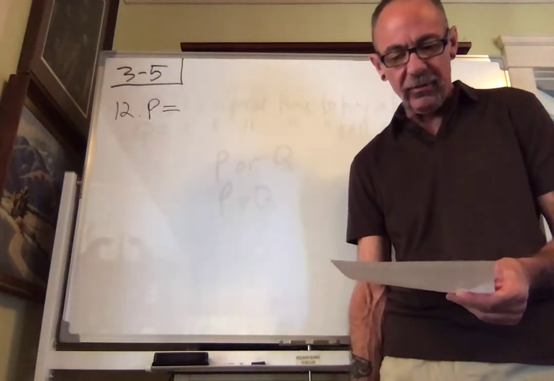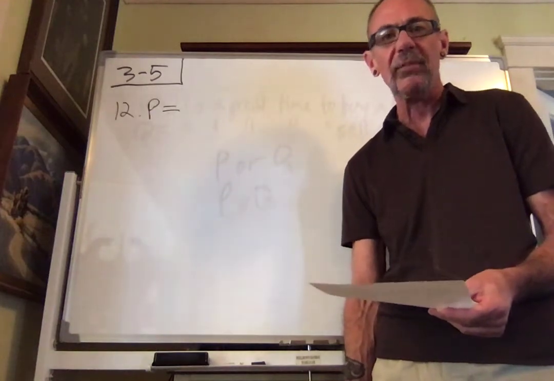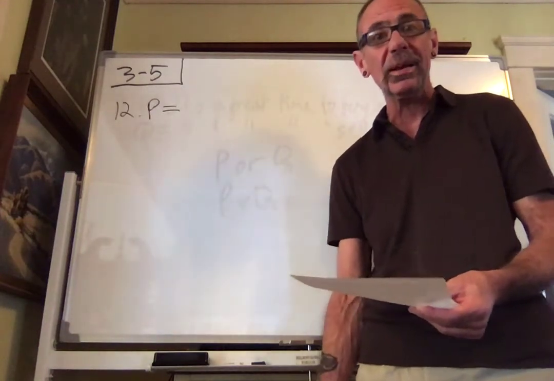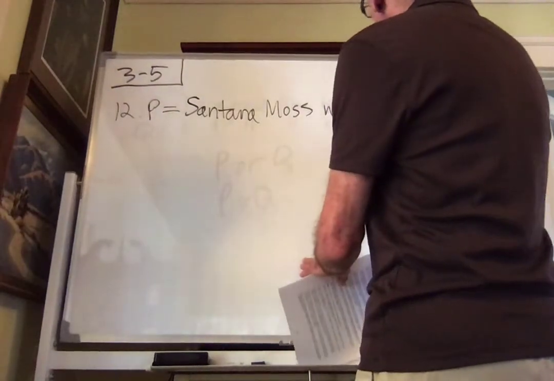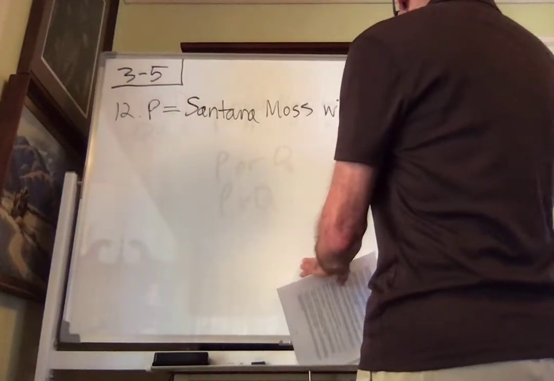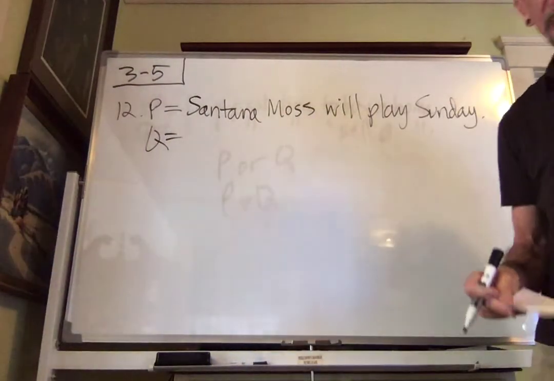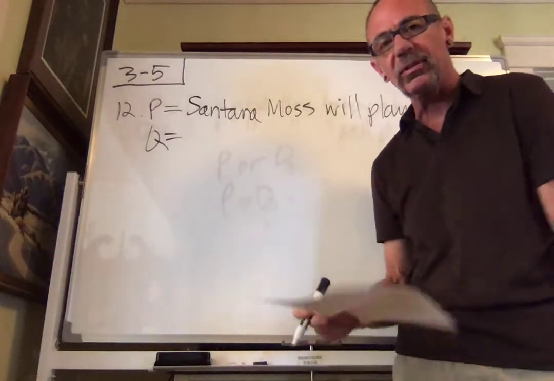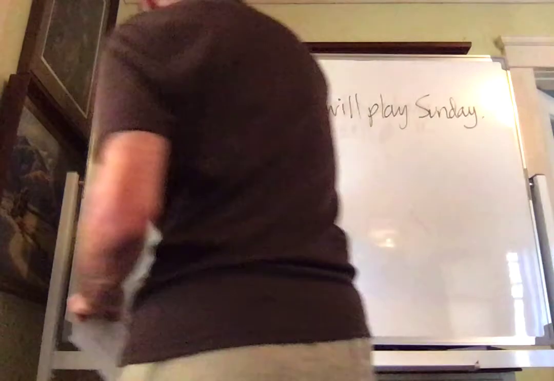So I will not have a variable stand for Santana Moss won't play Sunday. I will have P stand for Santana Moss will play Sunday. The word unless is indicating a logical relationship, so skip over it. It'll be giving us a symbol. And then we have the statement, he is at full strength.